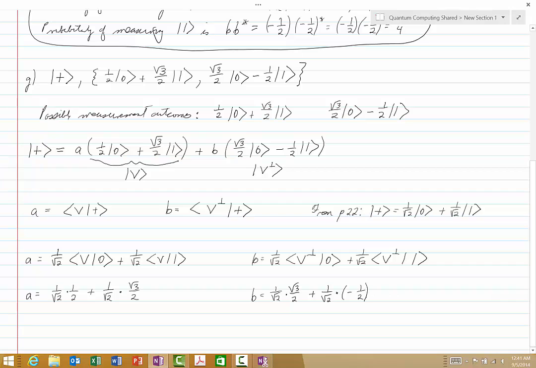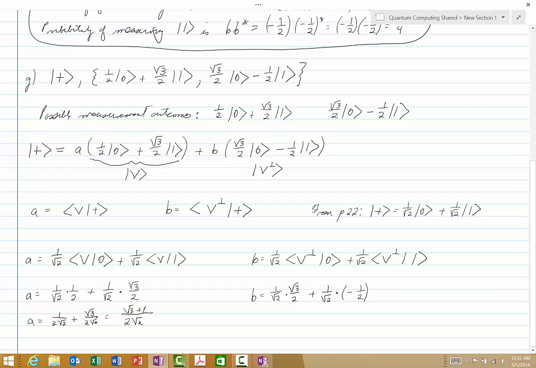And therefore, we're now able to say that a is equal to 1 over 2 times the square root of 2 plus the square root of 3 over 2 times the square root of 2. So this is the square root of 3 plus 1 divided by 2 times the square root of 2.